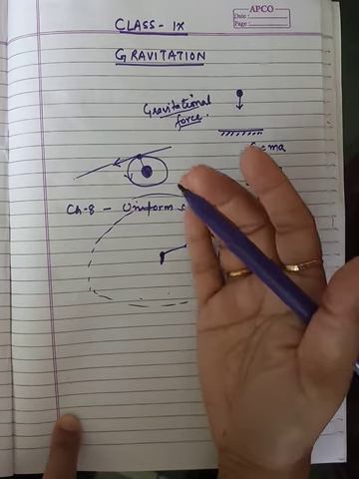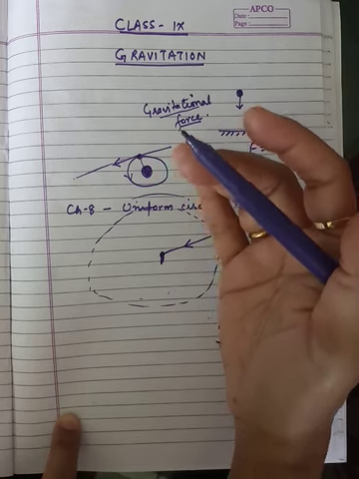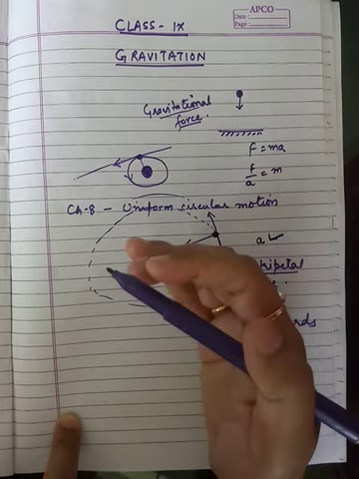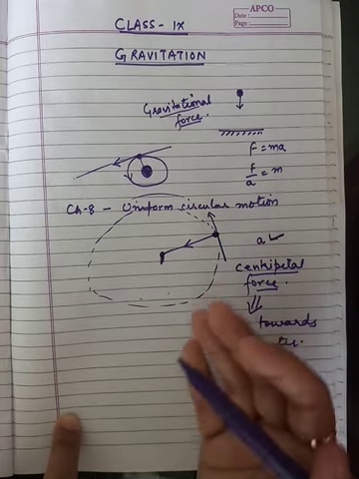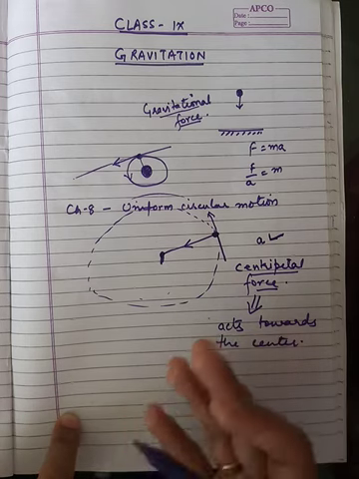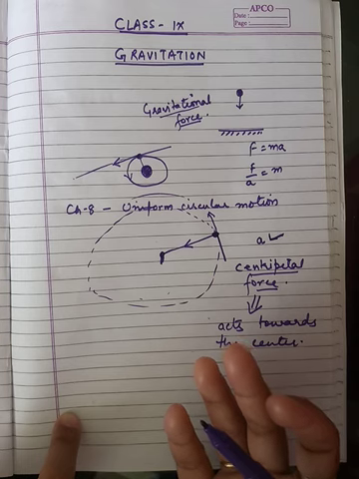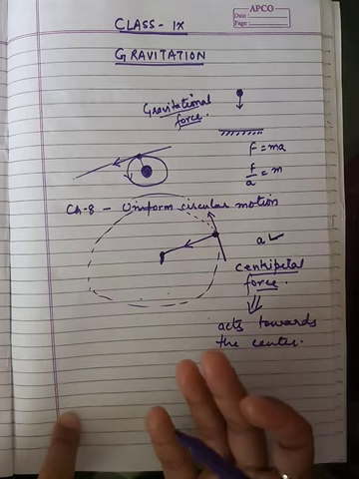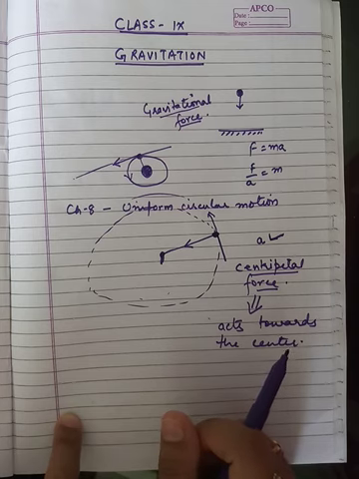But now Newton has explained it in a different manner, a generalized idea, explaining that there is a force of attraction between any two objects in this universe.